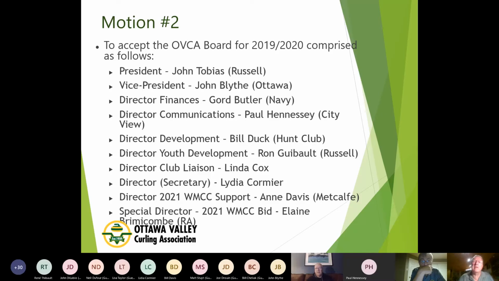President John Tobias from Russell. Vice President John Blythe from Ottawa, Director of Finances Gord Butler from the Navy, Director of Communications Paul Hennessy, Director of Development Bill Duck from Hunt Club, Youth Development Ron Guibault from Russell, Club Liaison Linda Cox, Director acting as our Secretary Lydia Cormier.